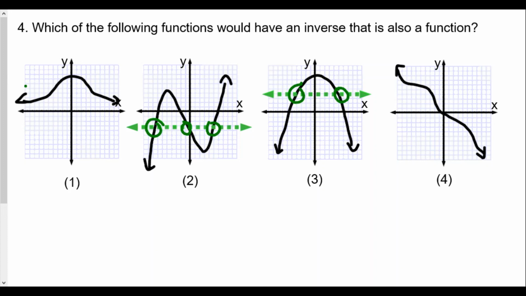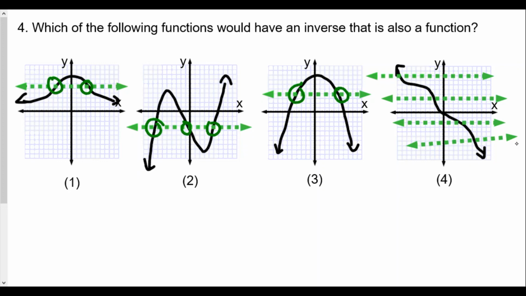And actually the first one, if we draw a horizontal line, we will not get 2 points, so the inverse will not be a function. Therefore, we draw a horizontal line anywhere for number 4. We're only hitting this graph once. Oops, that's not horizontal. Yeah, there you go. So we see that choice 4 will be the one whose inverse is also a function. Okay. All right.